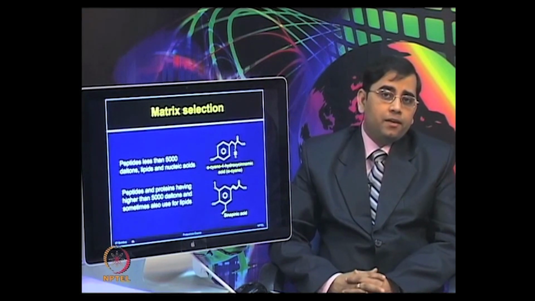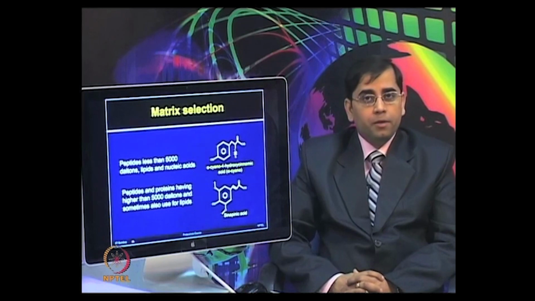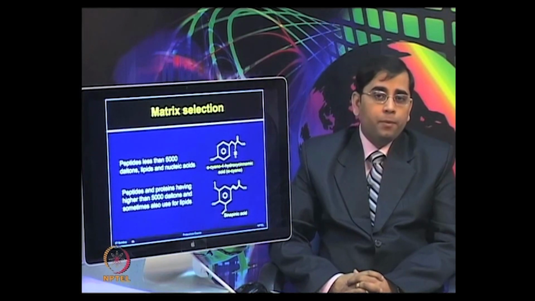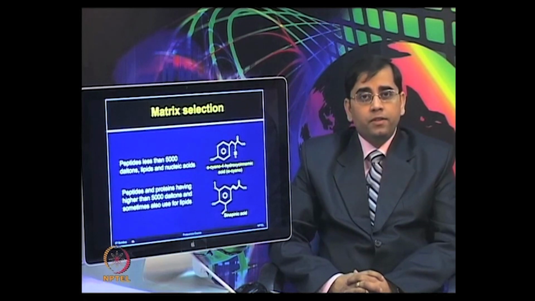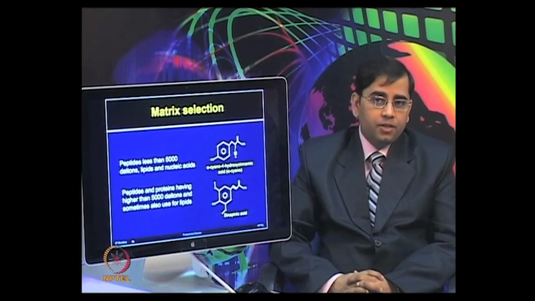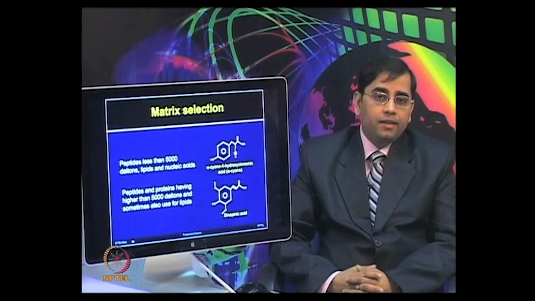These matrices are low molecular weight organic compounds with low vapor pressure and volatile nature. Most of the matrices are acidic in nature, so they can easily excite the photon and ionize the analyte for analysis. However, there are a few basic matrices also available.